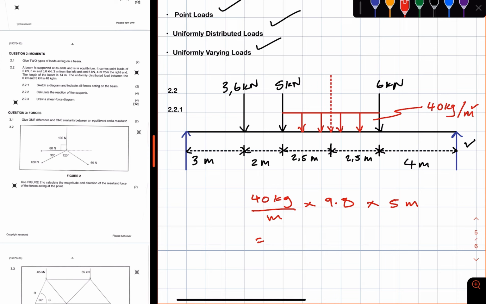Now if you punch this in your calculators, you are going to get, now because the point loads, if you look at them, they are in kilonewtons, right? So it's going to be better for us to have our weight in kilonewtons as well. So in kilonewtons, we get 1,960 kilonewtons. See, this and that cancels, and you're only left with the newtons, right?